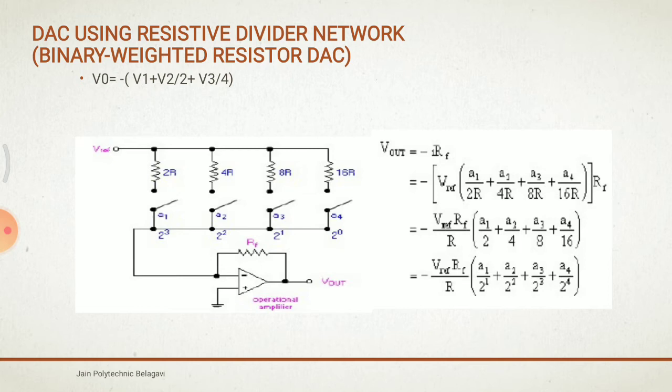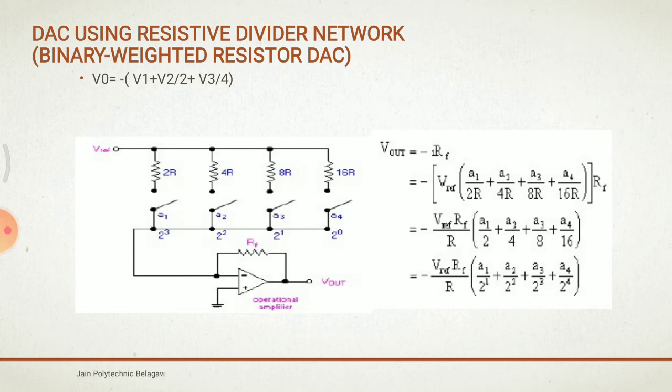Vout equals minus RF times VREF in brackets A1 divided by 2R, A2 divided by 4R, A3 divided by 8R, A4 divided by 16R, like that. You substitute the values and you will get minus VREF.